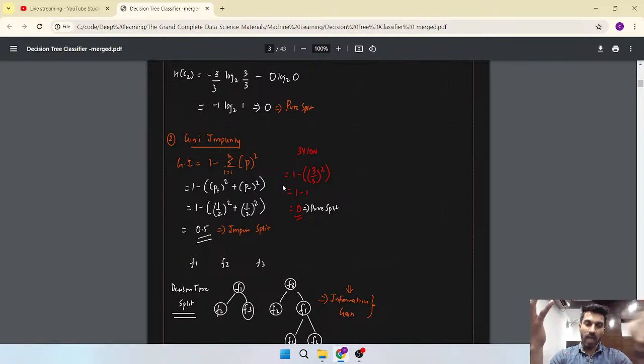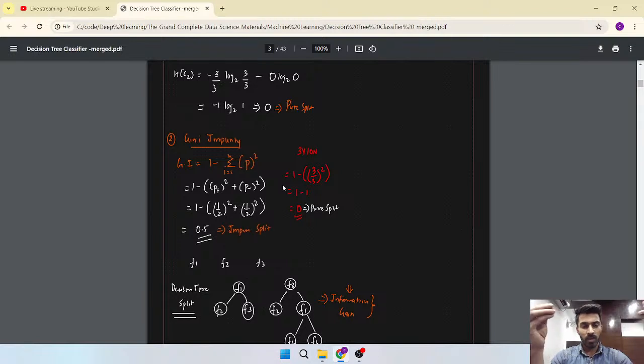So the time complexity in the case of entropy is very high because you have to solve a log equation, and calculate log of something. But in Gini impurity there is no log, you only have to calculate 1 minus (1/2 squared plus 1/2 squared).